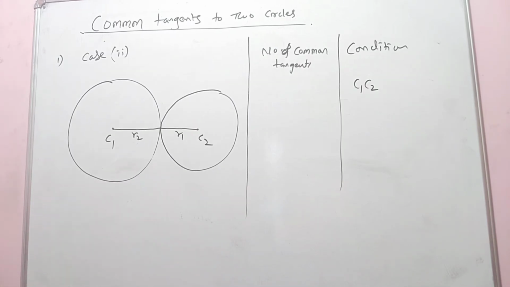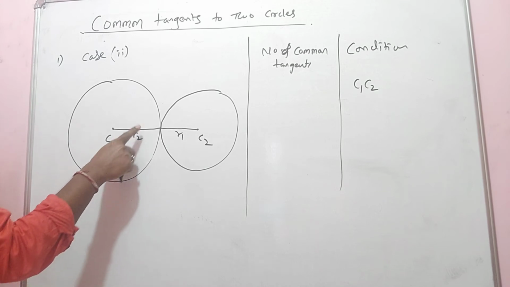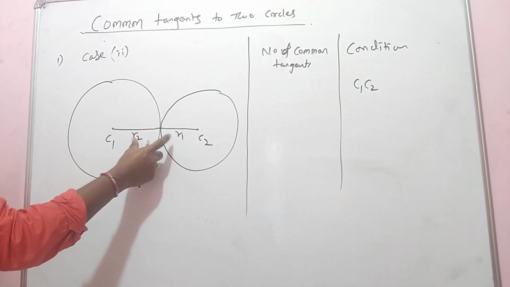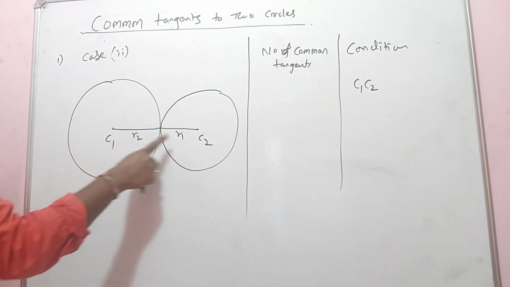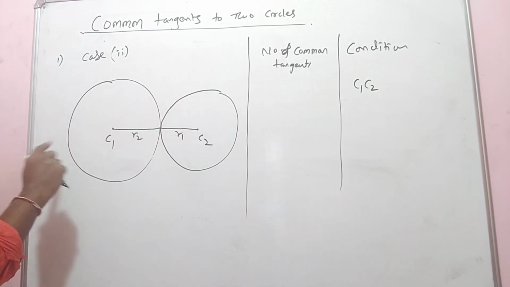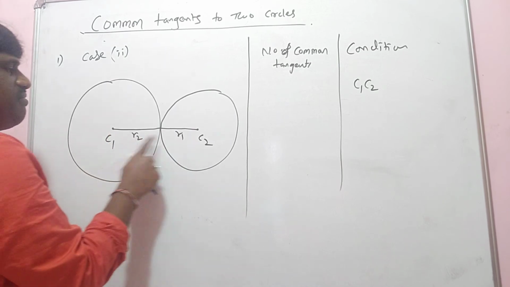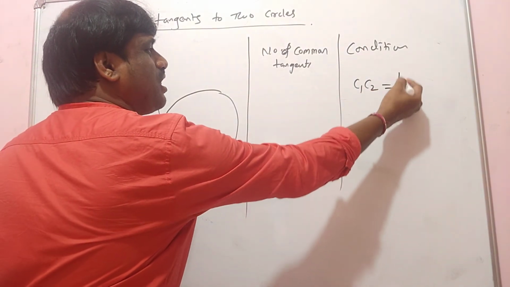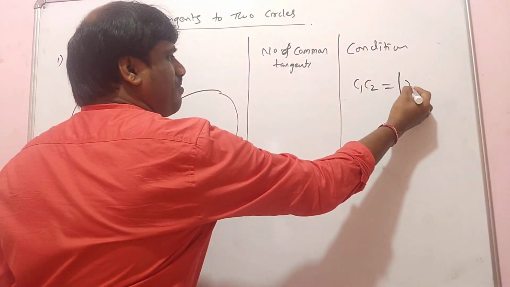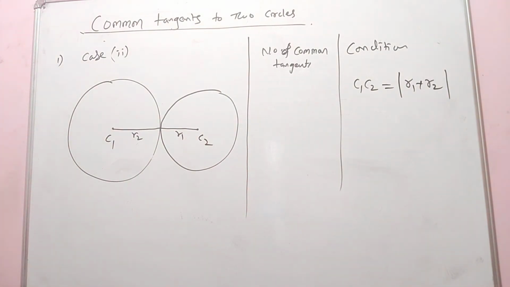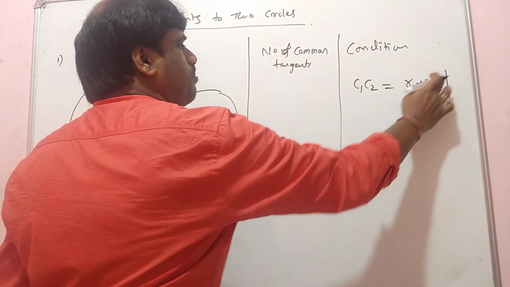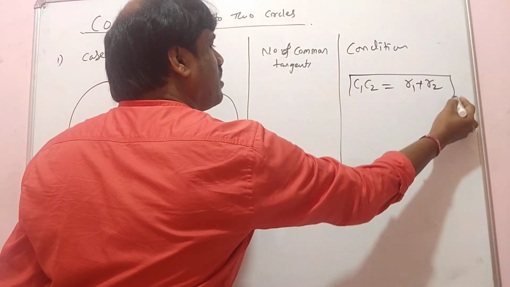Let's see the second case, case number 2. In this case you see these two circles are touching. This is the bigger circle, that is the C1 center. This is the C2 center. The distance between them, C1C2, is exactly equal to the modulus of R1 plus R2. We keep the modulus because a distance cannot be negative; if you don't want to keep it, you can leave it, because the sum is always positive.